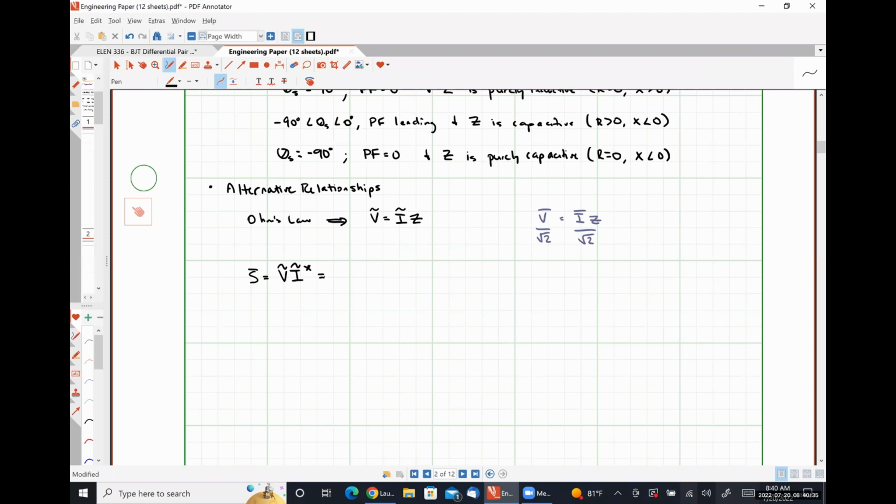Well, if we replace V with I times Z, what we have is I times Z multiplied by I conjugate, which is I conjugate times I times Z. Do any of you guys on Zoom know what I conjugate times I should give us?